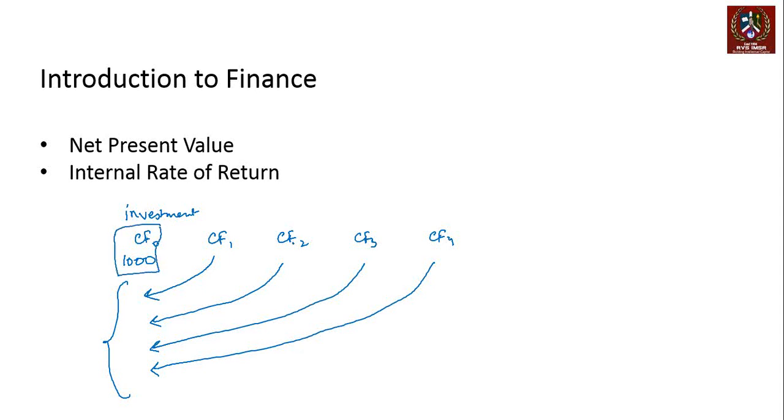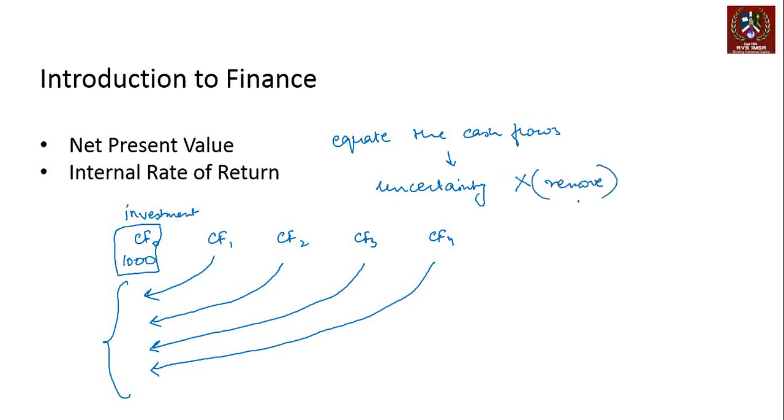So conceptually, we are trying to equate the cash flows. There is an uncertainty with the cash flow being in the future. We are trying to remove this uncertainty by bringing the value of the cash flows to today's point. And once we do that, it is comparable to the investments that we are going to make today.